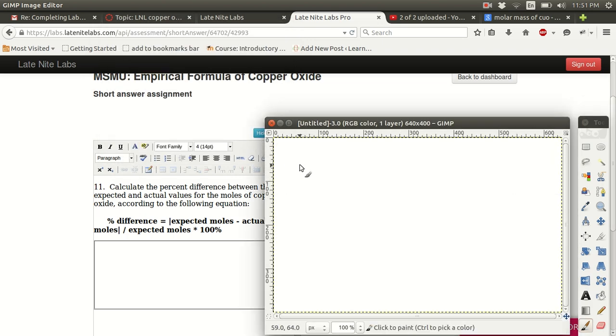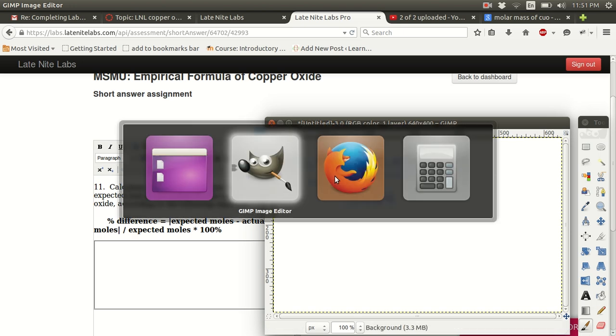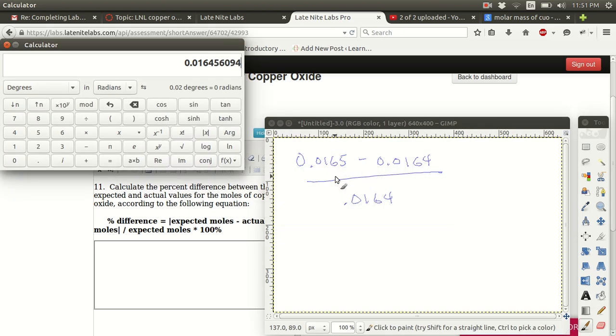Okay, so 0.0165 minus 0.0164, divided by what you were supposed to get, which is 0.0164. Now, on your calculator, you need to press the equal sign after you do the subtraction, because if you press the division sign, you're going to get the wrong answer. 0.0165 minus 0.0164 equals, divided by 0.0164.